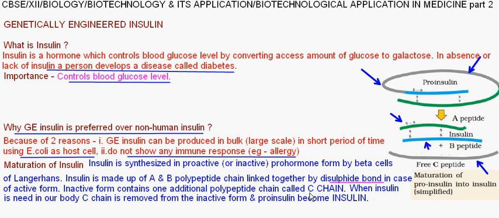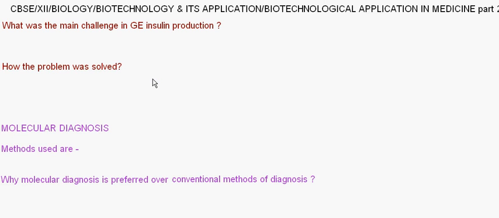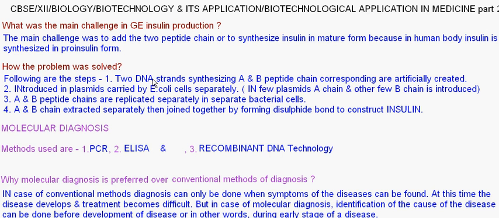So, when insulin is required in our body, for example, when blood glucose level rises, then what happens? Our body removes the C chain from the insulin so that the inactive proinsulin gets converted to active insulin. Now coming to the next point, what was the main challenge in production of genetically engineered insulin?